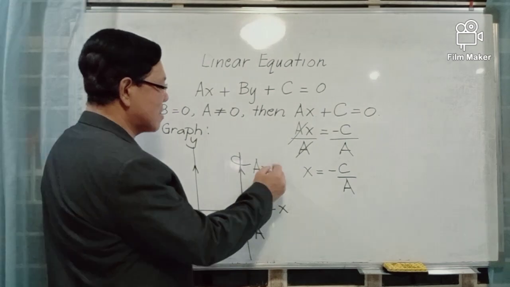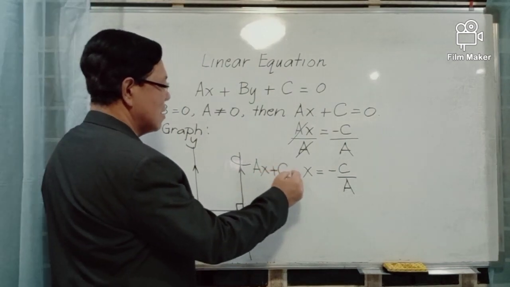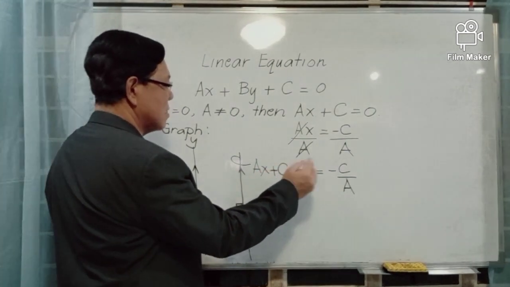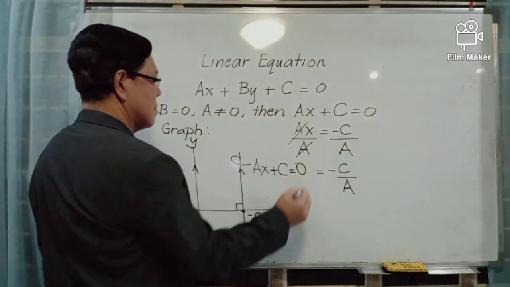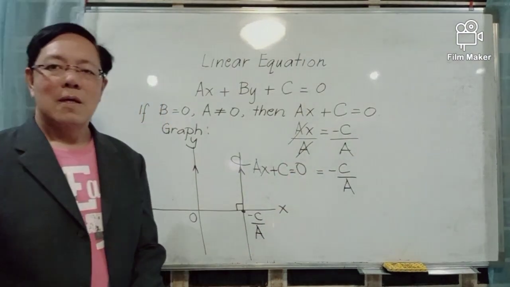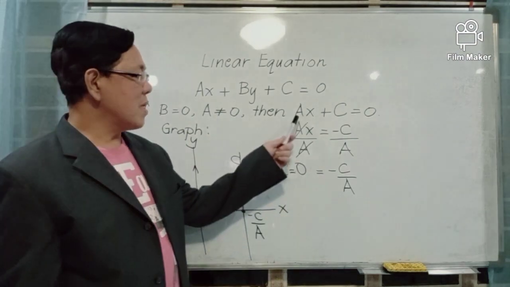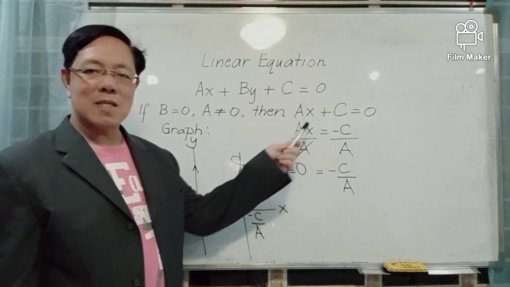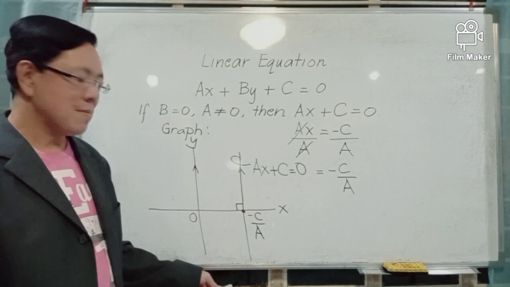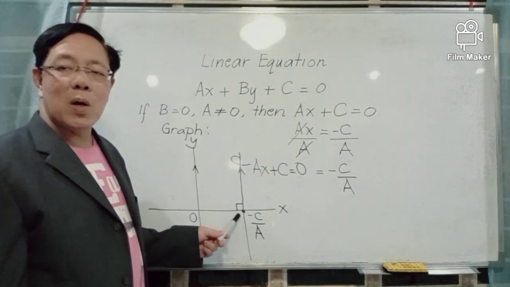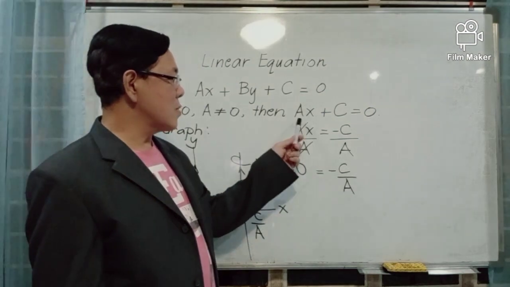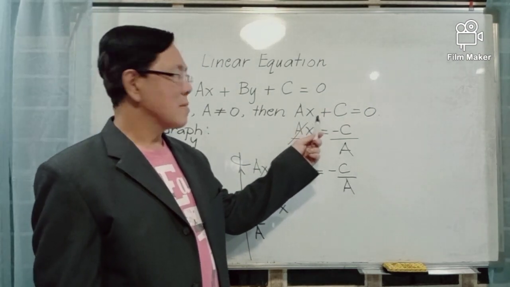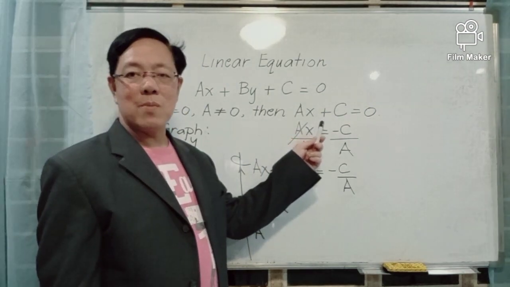Ax plus c equals 0. Again, the graph of a linear equation in one variable x is a vertical line passing through a point on the x-axis, and that point is the solution of this linear equation in one variable x.